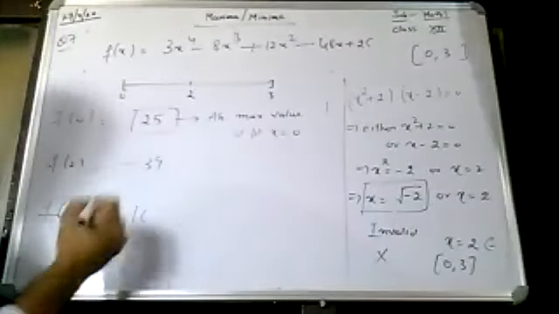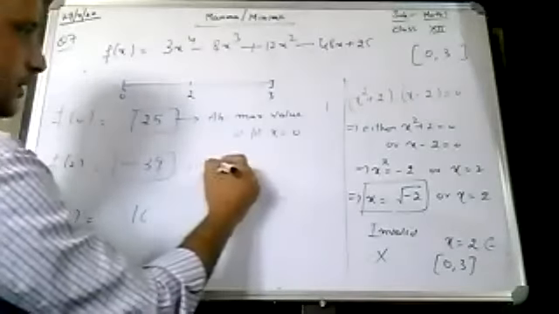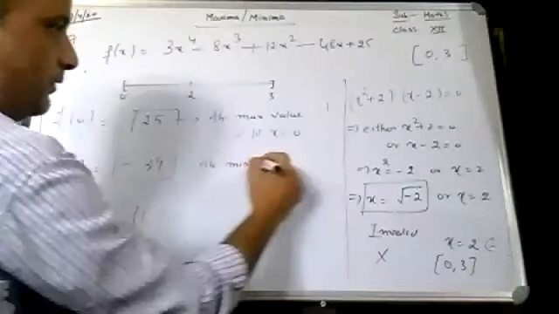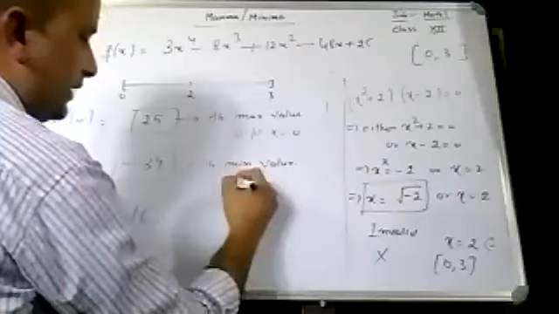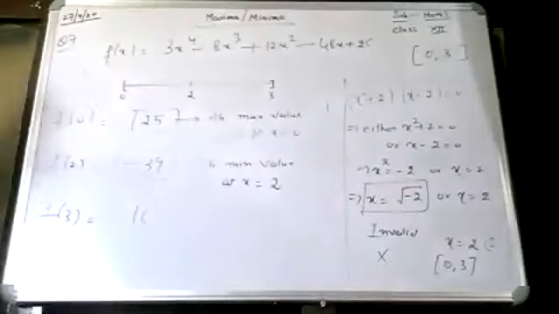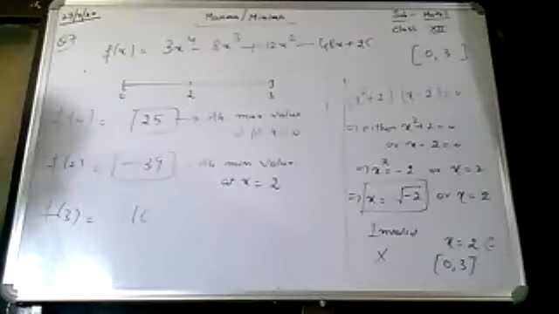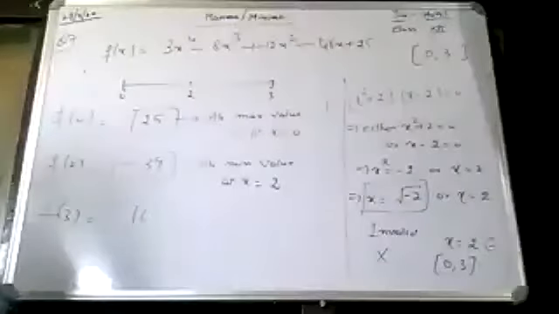And this value is minimum, so this is called absolute minimum value of the function at x is equal to 2. Any doubts, class, from your side? Clear? Yes, sir. Okay, let us move to the next question.